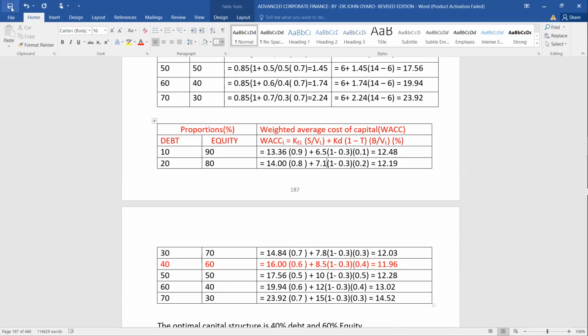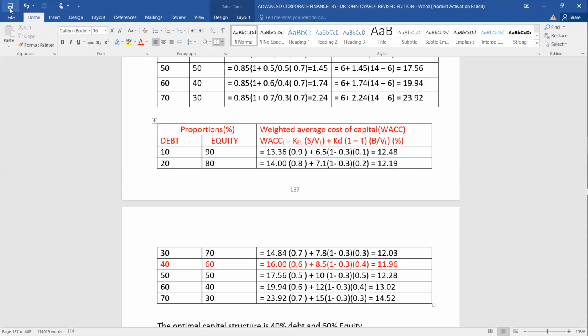Please confirm the answer then. Can you confirm the weighted average cost of capital at that level of debt? 12.19. So the answer has not changed.